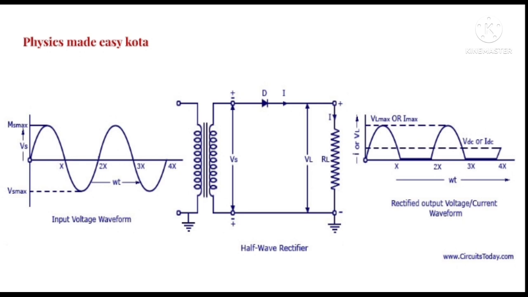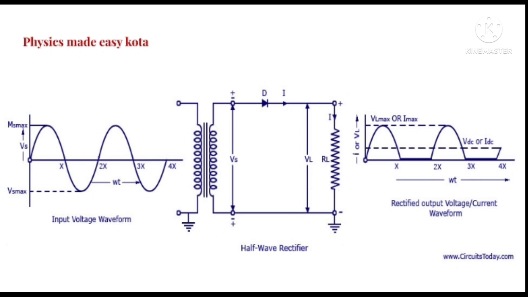For this case, the direction of the induced EMF is such that the upper end of the secondary coil becomes negative and the lower end becomes positive. Now the PN junction behaves as reverse biased because the negative end of the coil is connected to the P region and the positive end of the coil is connected to the N region.